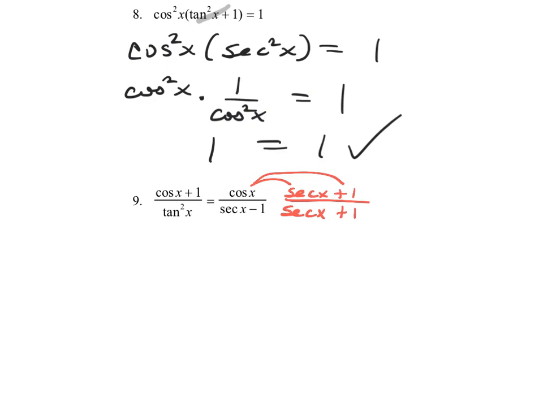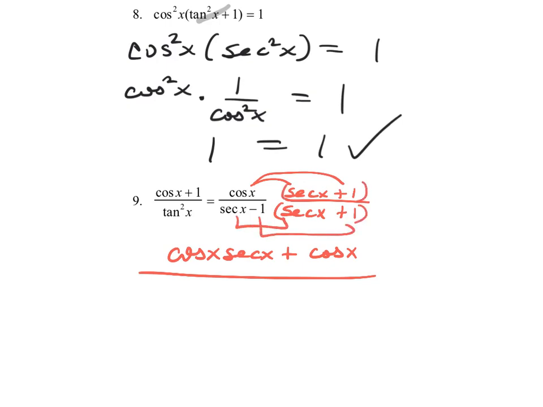So this will give me cosine x times secant x plus cosine x. Remember, when you multiply something by its conjugate, you just have to do first and last. So secant squared x minus 1. That is an identity. So I can change this to tangent squared.